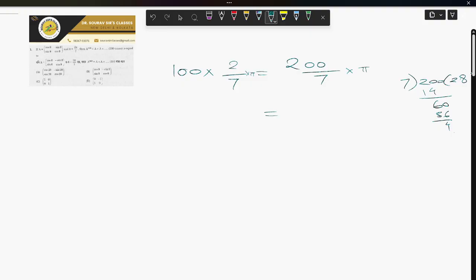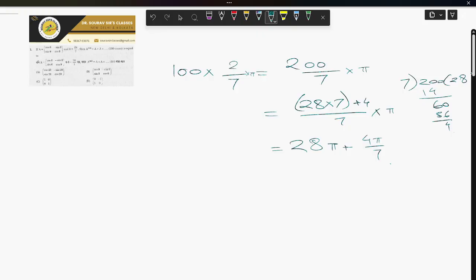Finally, we can write 200 pi by 7 as 28 pi plus 4 pi upon 7.